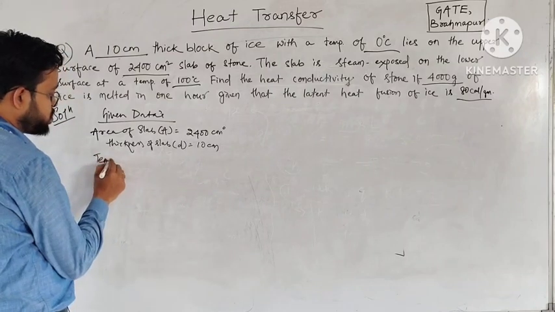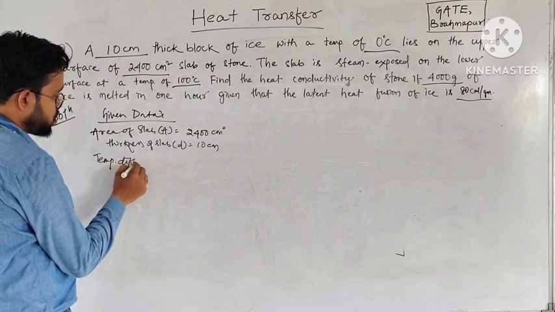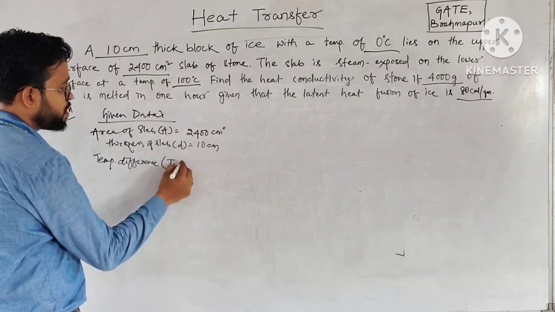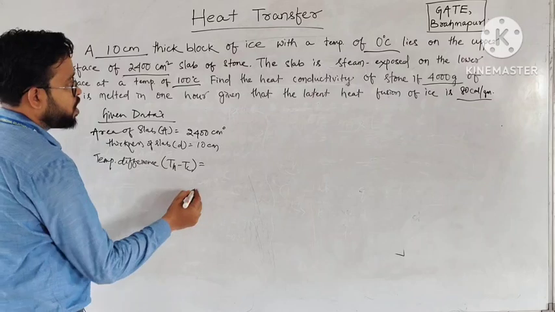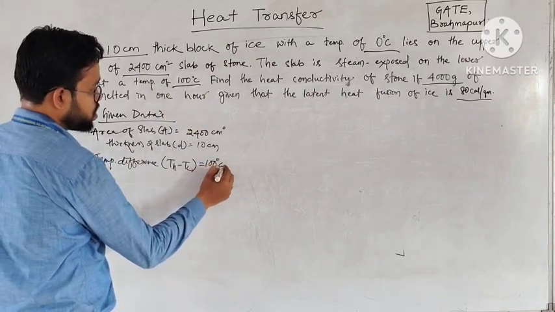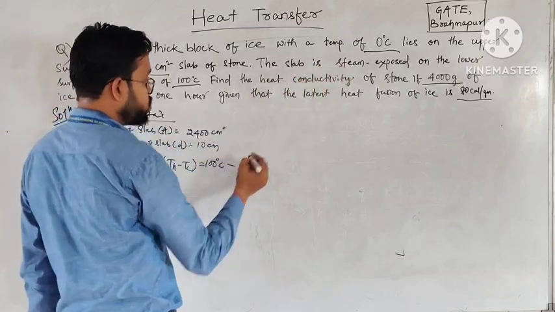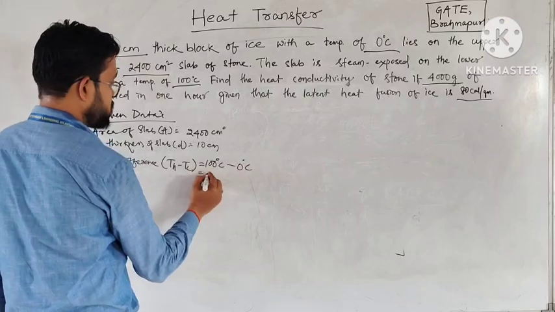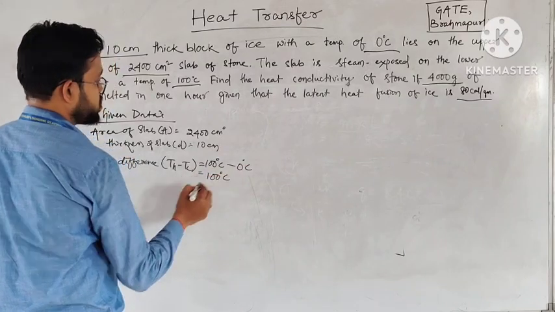The temperature difference, which is T hot minus T cold. The hottest temperature is 100 degrees Celsius and the coldest is 0 degrees Celsius. So it is 100 degrees Celsius.